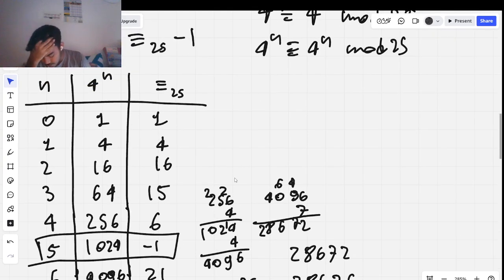Well, so I know that 4 to the 5 is congruent to minus 1 mod 25.